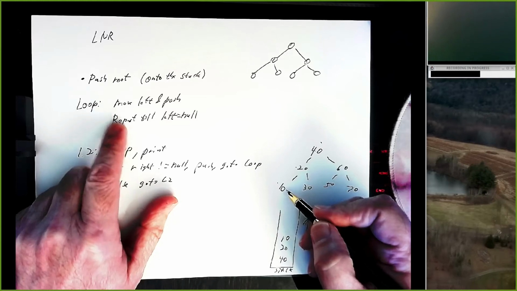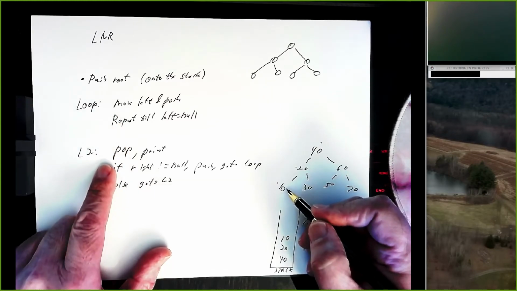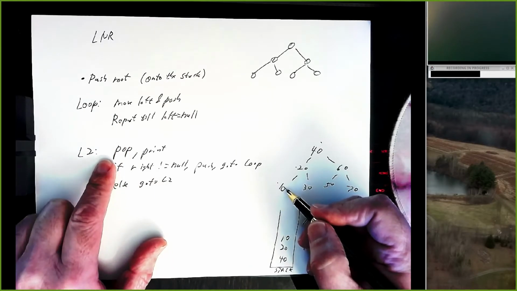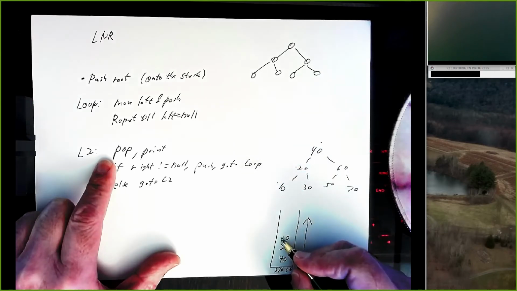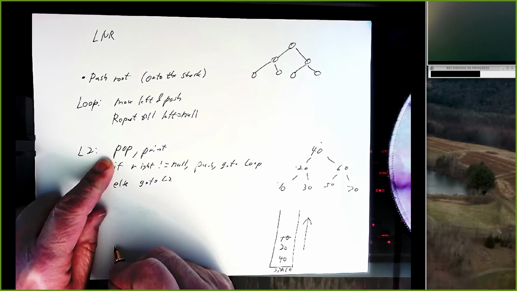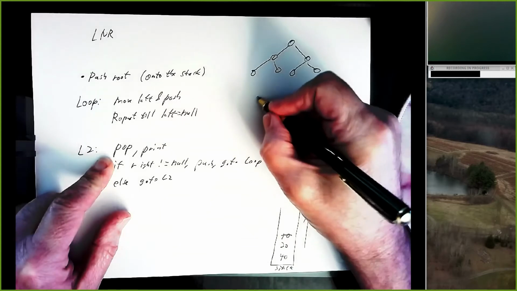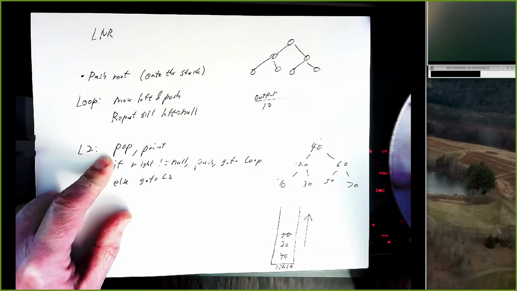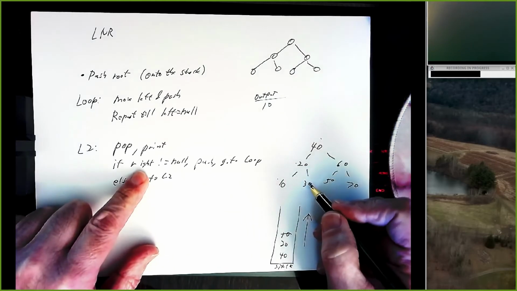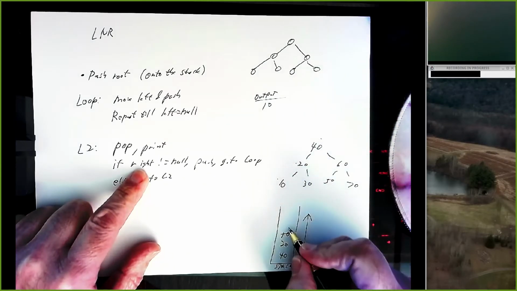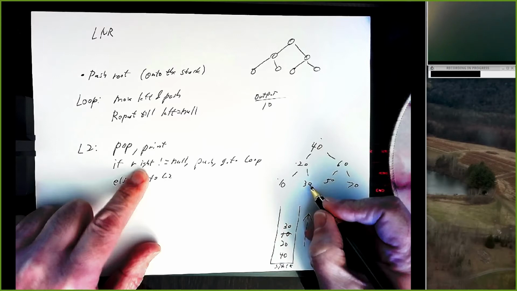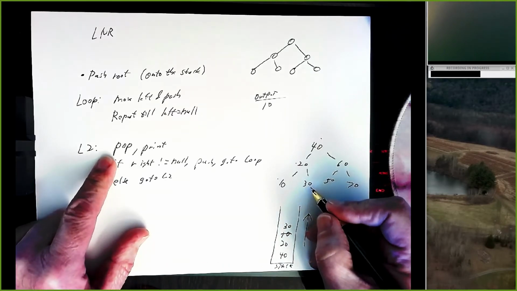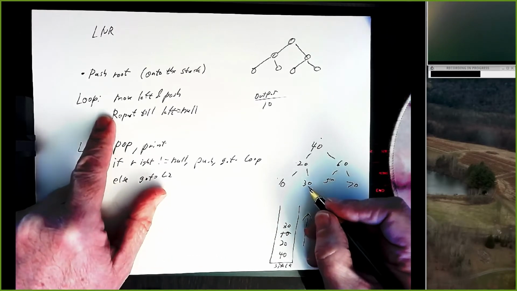So we're done with the loop part, and now we come down to L2. And L2 says pop the top of the stack and print it out. So we're going to print a 10. Let me put my output here. So we're going to print the 10 that we just popped. And then if there's something to the right, we're going to push that. So we'll push the 30, and we'll go back to loop.